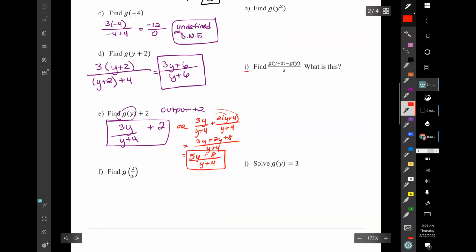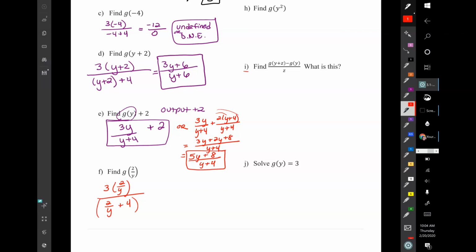So F, we have g of 2 over y. That one is going to plug in as such: 3 times 2 over y, over, and it was normally y plus 4, so I'm going to put 2 over y plus 4 in the denominator.